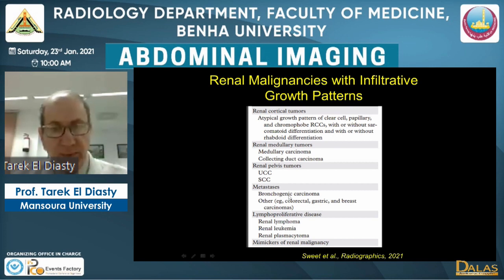Metastases, particularly from bronchogenic carcinoma, colorectal, gastric, and breast carcinomas, which are the common primaries with metastatic deposits in the kidney. And lymphoproliferative disease like renal lymphoma, leukemia, and plasmacytoma. And at the end of my talk, I will give the last differential diagnosis of this infiltrative pattern, which is mimickers of renal cell carcinoma.